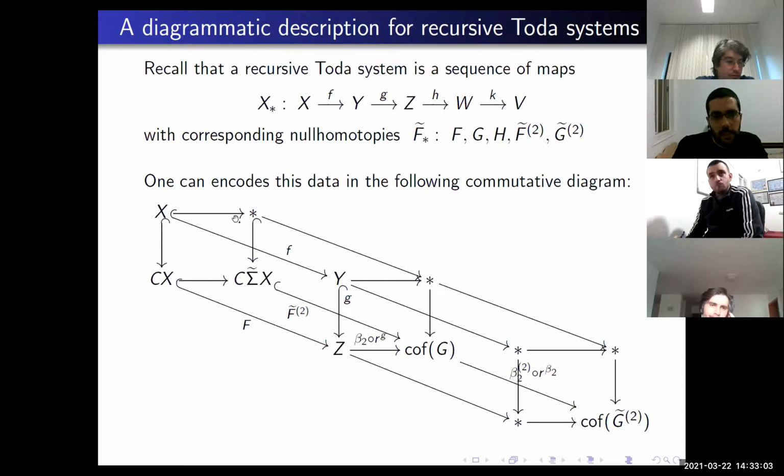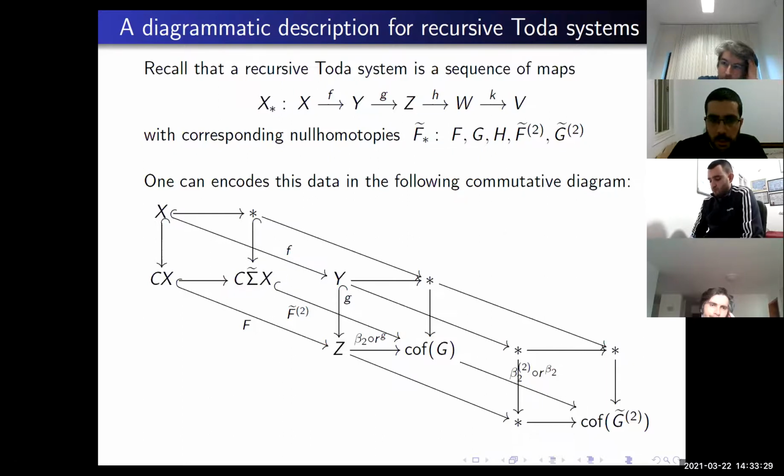You see here we have many points. But here we had cones instead of these points, as before in the diagrammatic description of the cubical Toda system. Here we have points, and it's not the same.